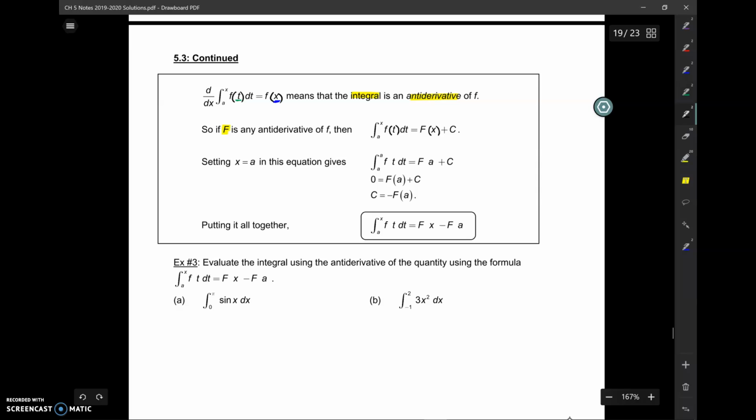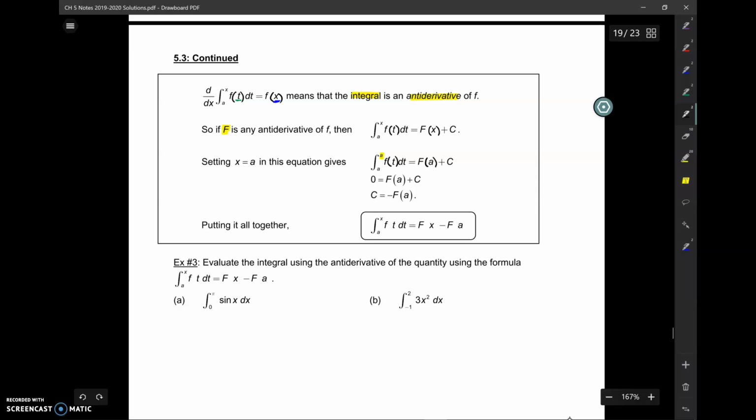I'm going to make it so that it's not a to x, but a to a of f of t dt. So just concentrate on this left-hand side for a minute. If I have a to a of f of t dt, what's a to a of the integral of anything? It's 0, right? So that left side becomes 0. And then what happens to the right side? If the upper bound is now a instead of x, then this becomes F of a plus c, right?